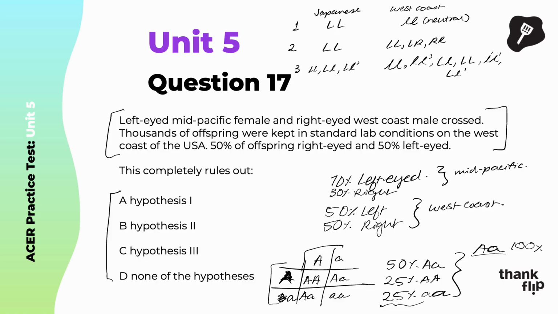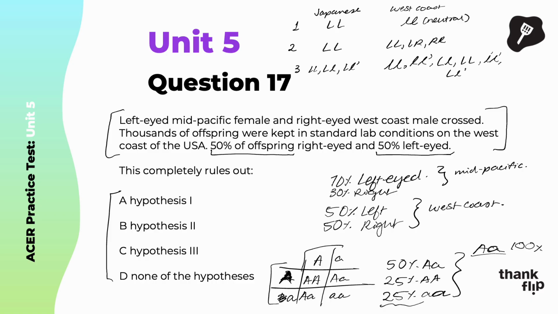You simply have an experiment, right? And so there is a chance, it might be a small chance, but there is a chance that exactly 50% of the offspring are right-eyed and exactly 50% of the offspring are left-eyed simply by chance, right?